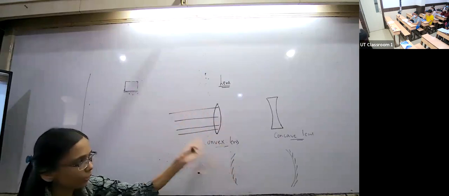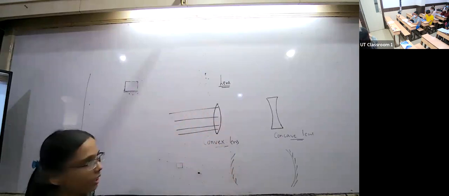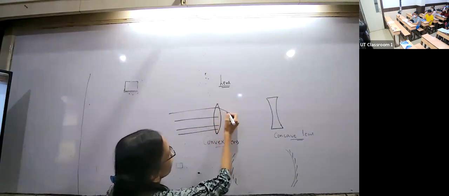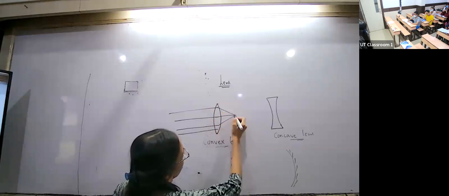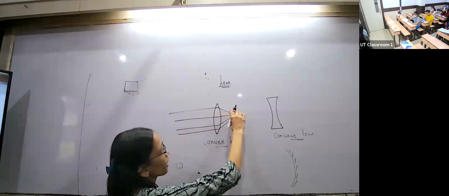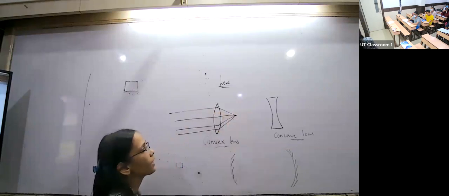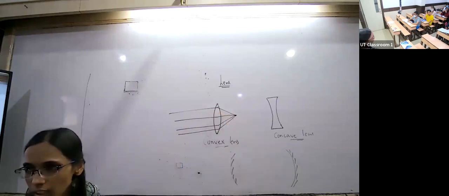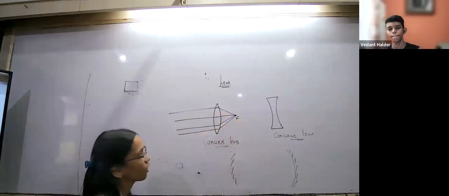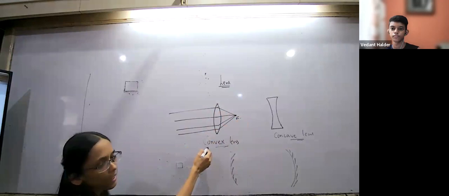I do not have to reflect, and the rays will pass through it. But this particular shape will ensure that when they pass through it, they come together at one point. And I will call this point what? Focus. This is my convex lens.